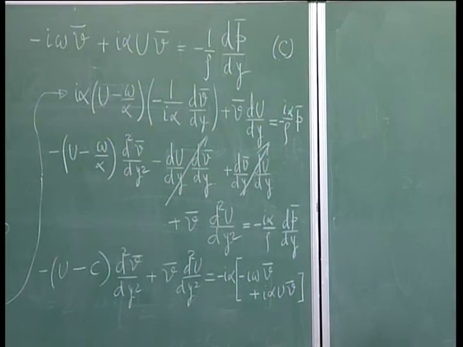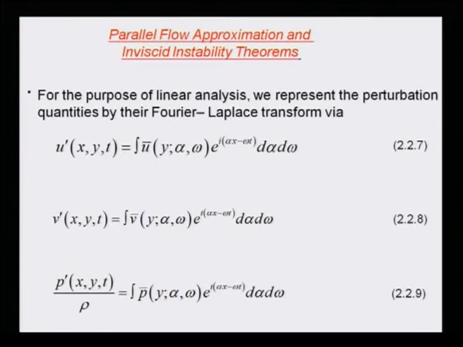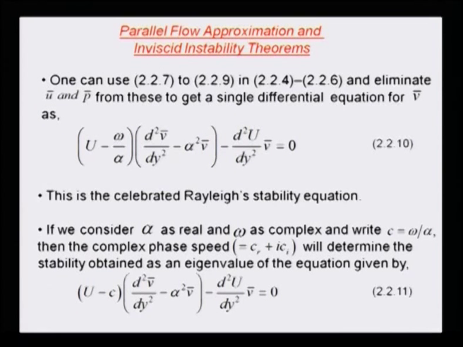So this is a simplified form. So we have eliminated basically u bar and p bar, and this is what we get. That's the equation, simplified. There we have retained omega by alpha as it is, but that's what you are going to get.